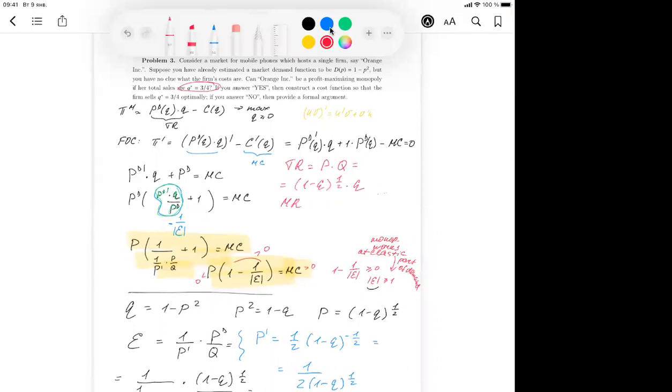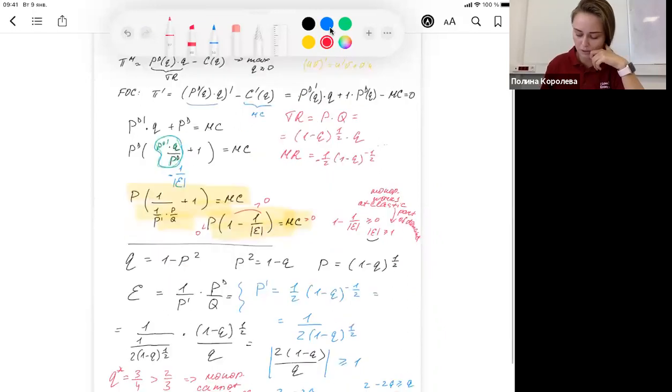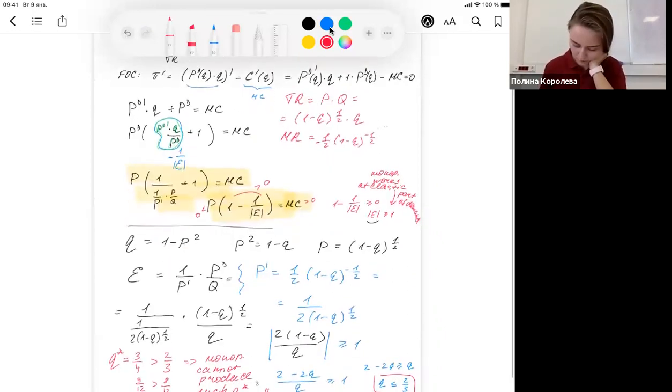Получается корень 1 минус q минус... кстати, еще поставить минус. Ребята, вот тут мы минус потеряли. Когда я брала производную, там еще надо на минус 1 умножить. Ну ладно, на решение не повлияло, потому что все равно берется модуль.